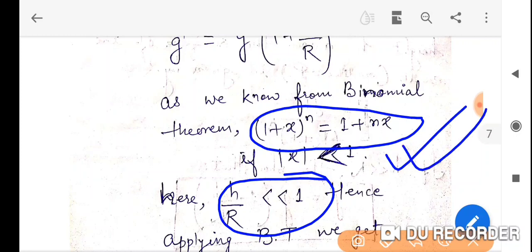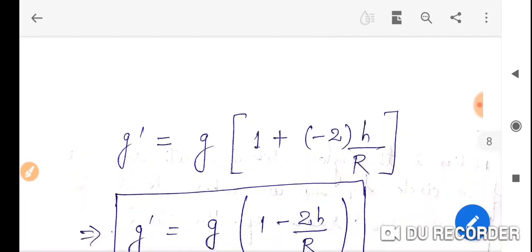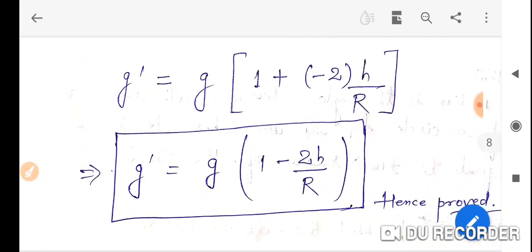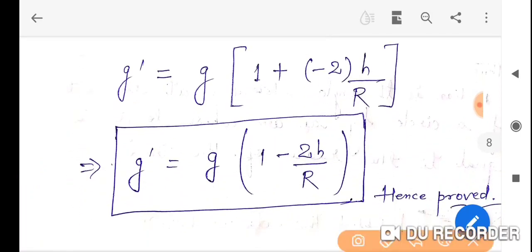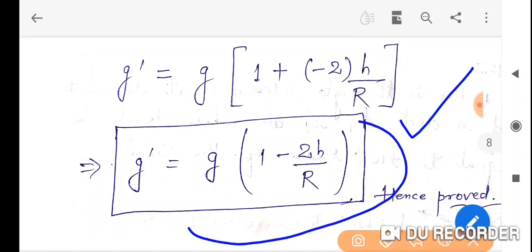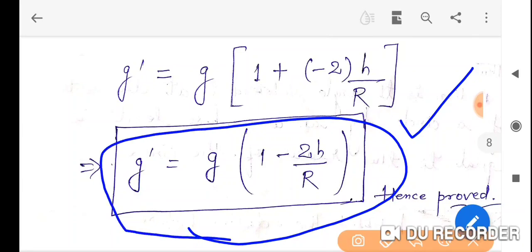So proceeding further, this equation reduces to g dash equals to g into (1 plus minus 2 into h upon R). Hence we get the final expression g dash equals to g into (1 minus 2h by R).